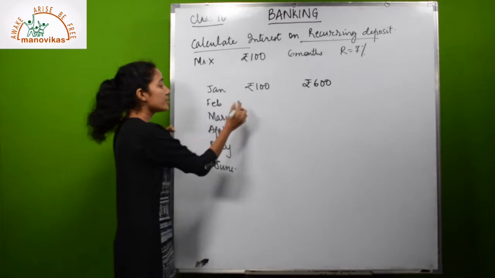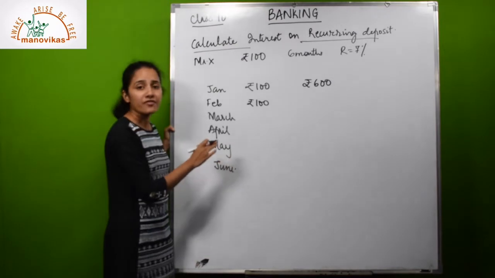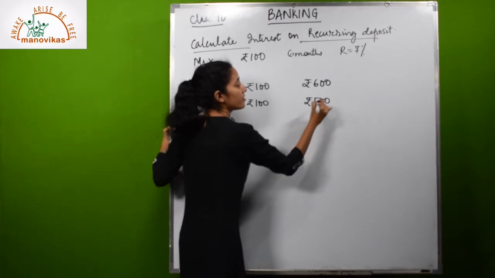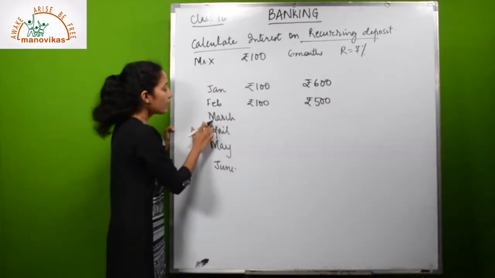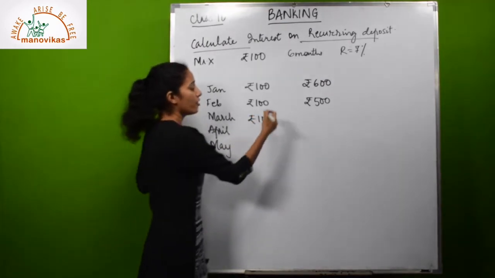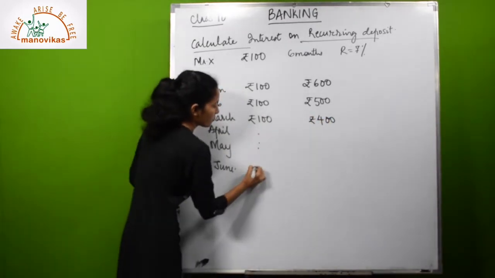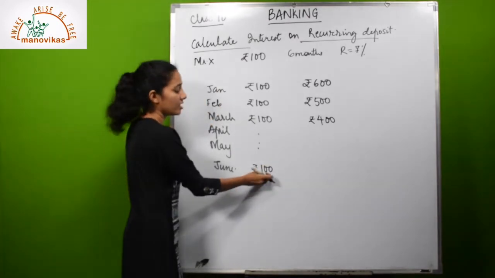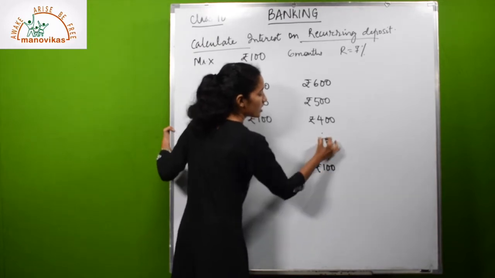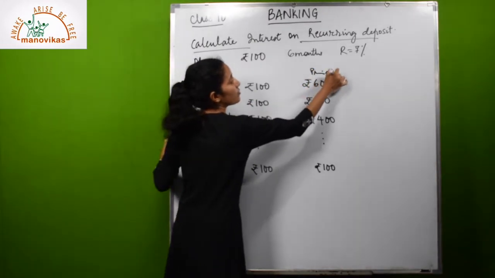Next he deposits rupees 100 and that remains in the bank for the remaining 5 months. So the principal may be taken as rupees 500 for another month. Next is March, again rupees 100 he pays, that remains in the bank for 4 months, so the principal may be taken as rupees 400, and so on. The last one he is paying rupees 100, that will remain with the bank for that 1 month, so that will be rupees 100. So this was the principal which the bank will assume.